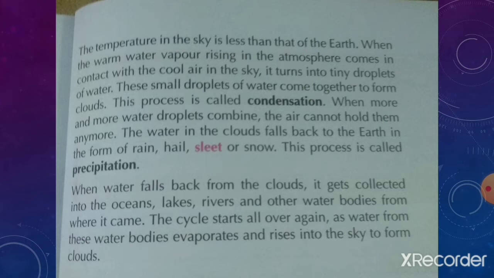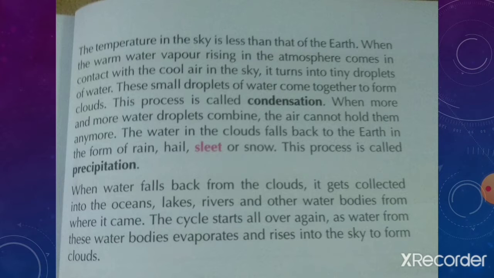Okay, and this process is called condensation. We taught already कि जब water vapor ऊपर sky में जाती है और cool air के contact में आती है तो ये छोटी छोटी droplets में convert हो जाती हैं and this process is called condensation.